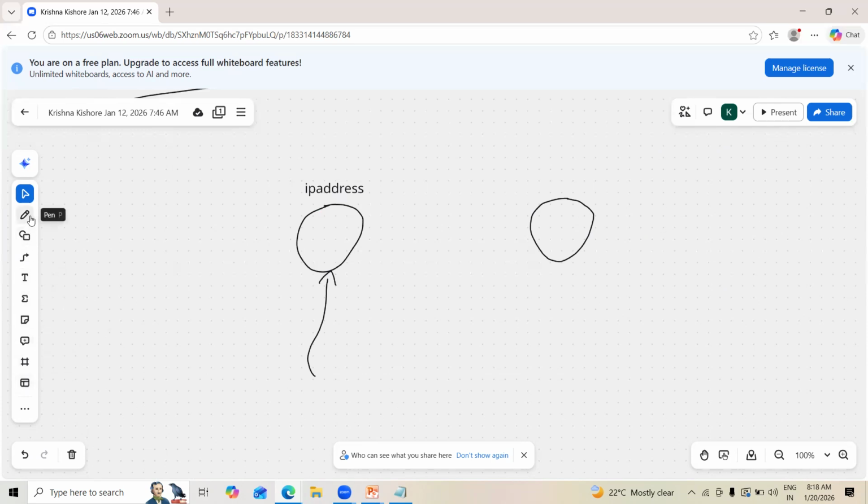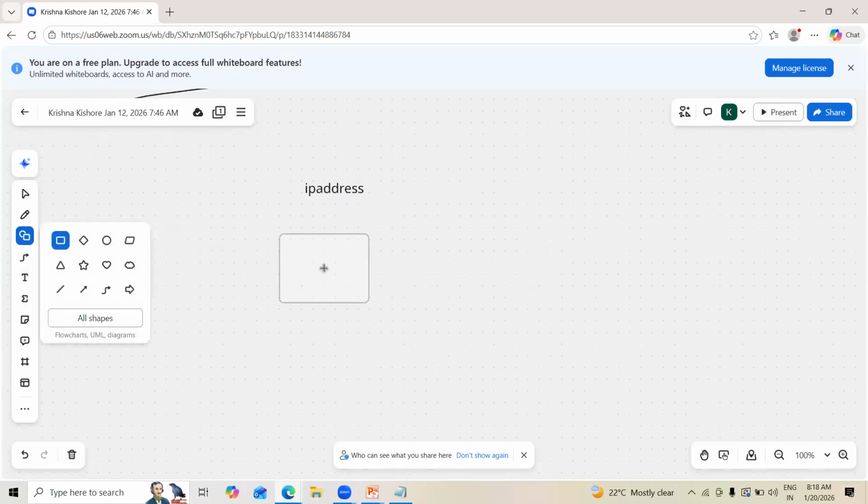Public and private, excellent. What is the difference? Public is exposed to the internet, and private is limited within an organization, within a network. Correct.